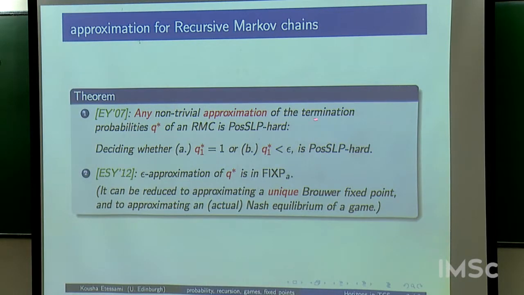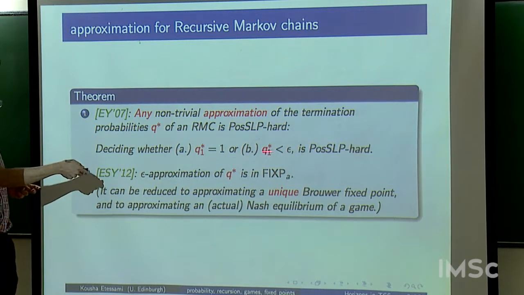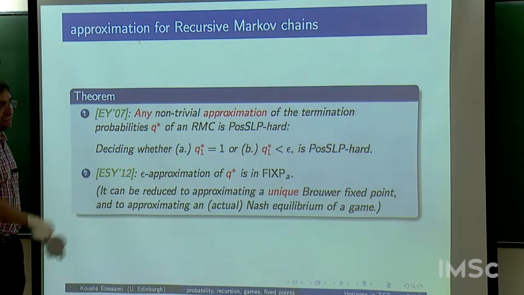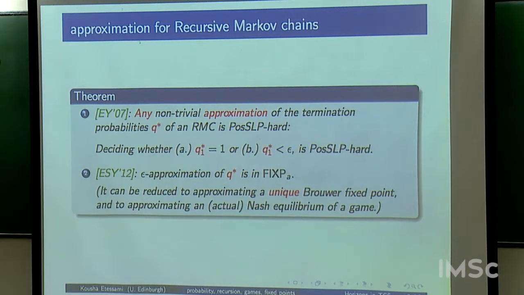Any non-trivial approximation of termination probabilities for these recursive Markov chains is PosSLP hard. In other words, even deciding whether, given the promise that the termination probability is either 1 or less than epsilon, you can't decide which of the two is the case without solving PosSLP.